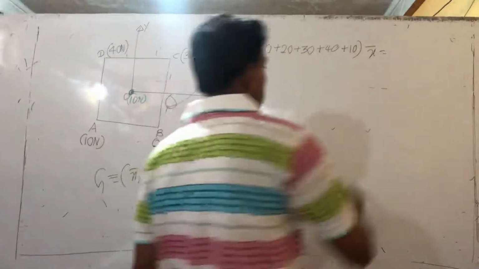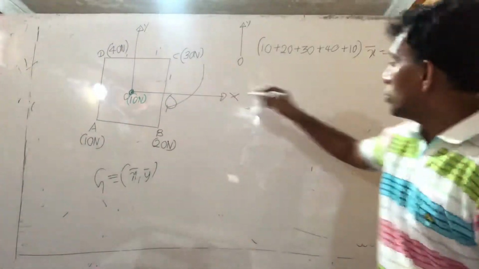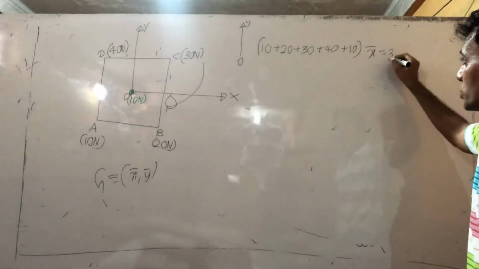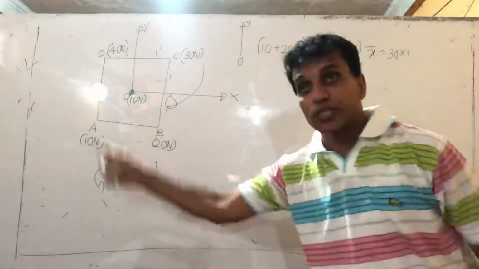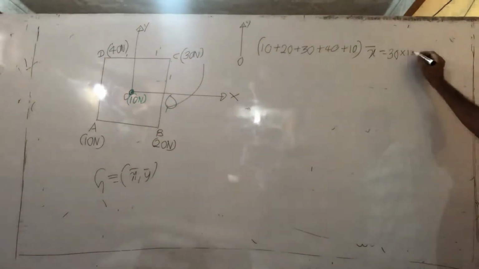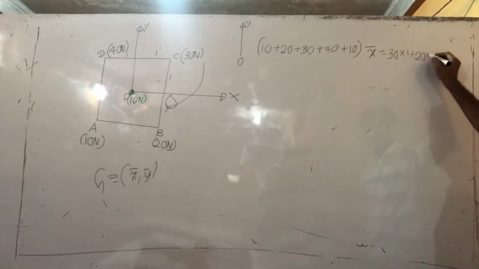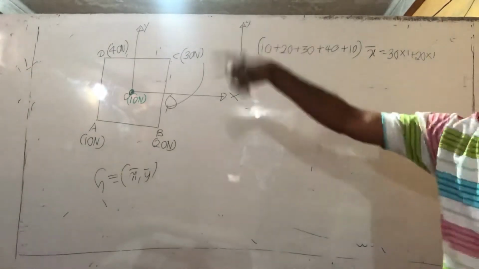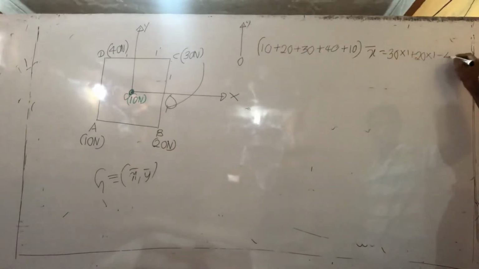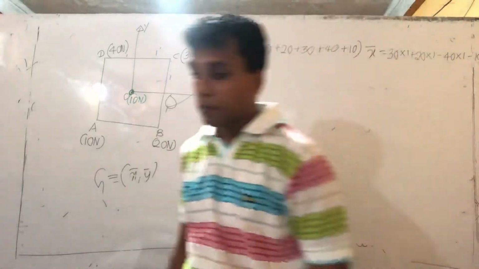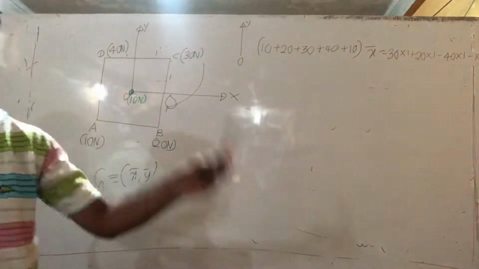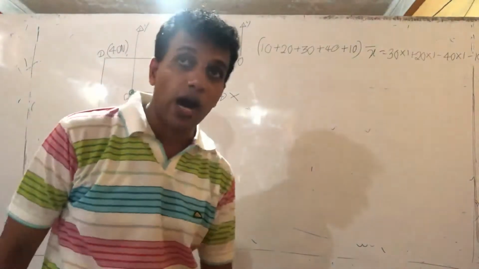Therefore, for 30, force is 30, distance is 1, plus 20, distance is 1, the other side minus 40 into 1, and minus 10 into 1, okay? Algebraic summation.